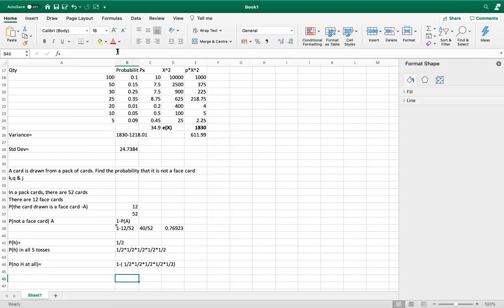Try 1/2 into 1/2 into 1/2 into 1/2 into 1/2. So I'll get 1 minus 1/32, which is equal to 31/32. Do you understand?